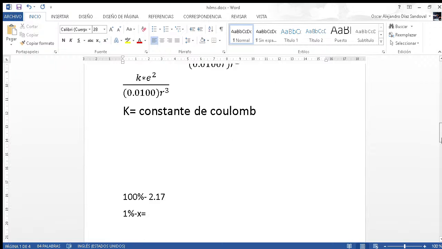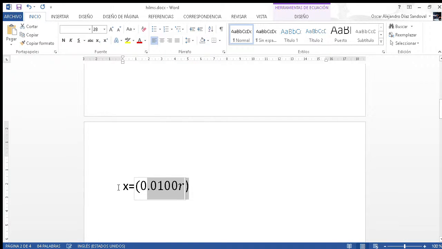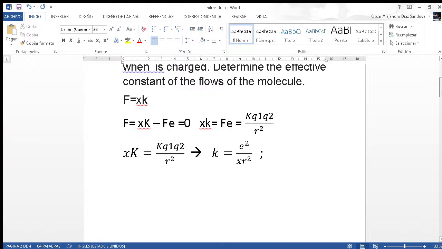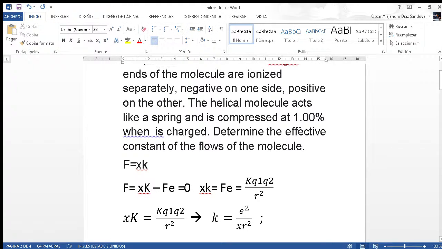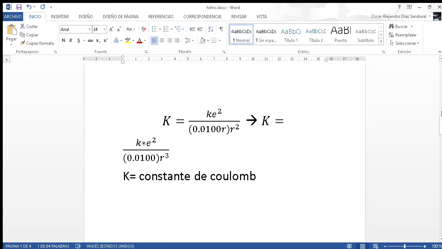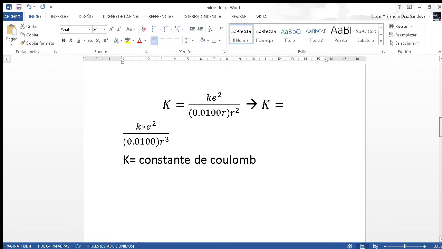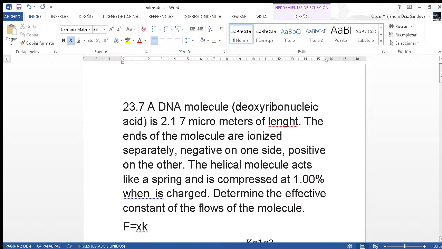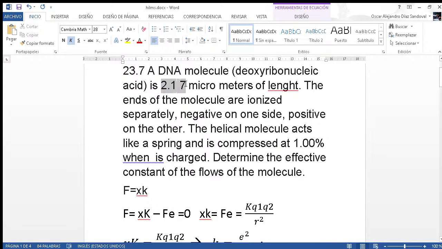X is 0.01 that multiplies R, because you know 1% is equivalent to 0.01, but this is only the 1% of the R. R is this other value.